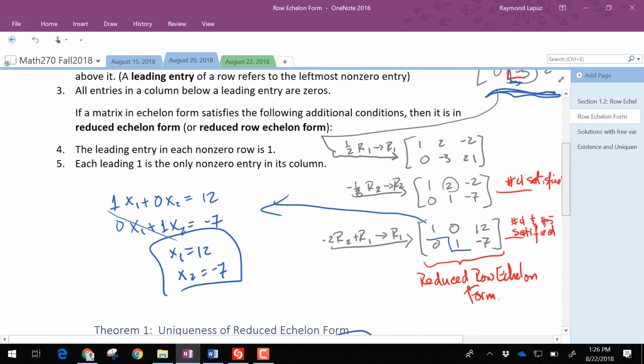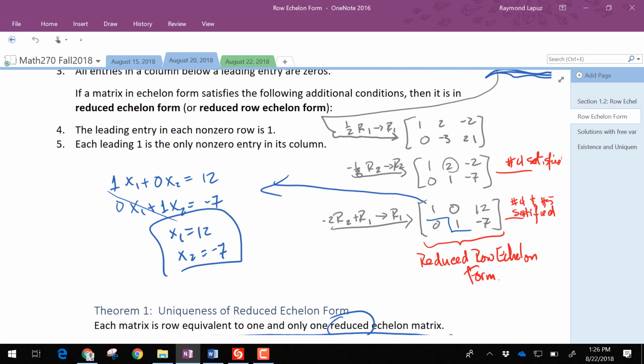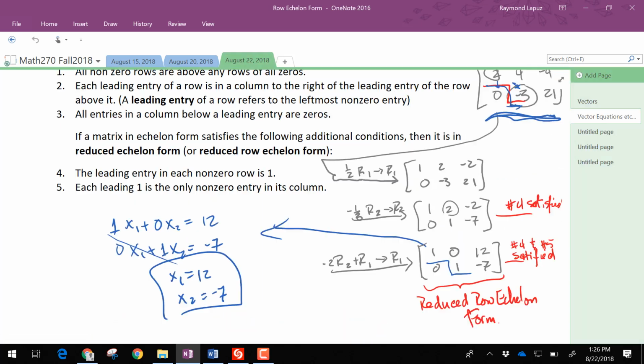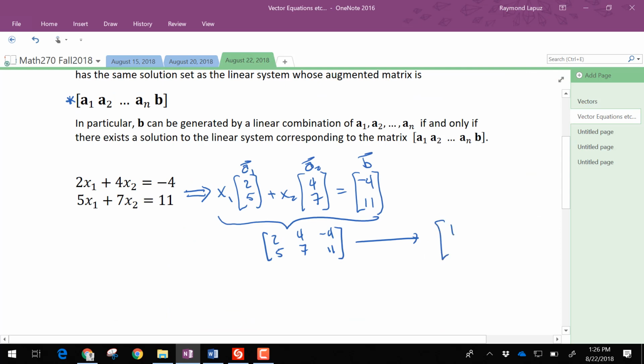But this is the right one? Okay. So we solved for this, right? And got 1, 0, 12, 0, 1, negative 7. So I'm going to skip all the steps and just go to that solution. See previous notes.